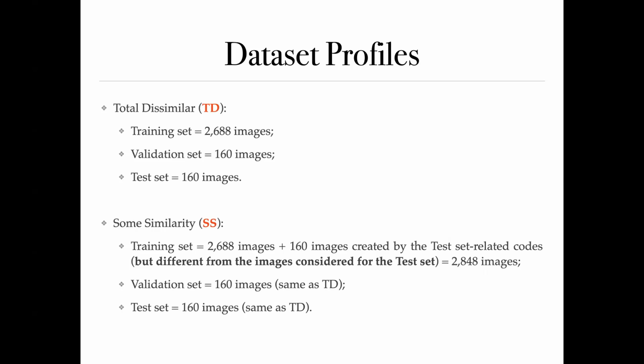For the SS similarity profile, we reuse all the previous images, but we added 160 images created by the test set related codes. But it's very important to mention that these new extra images are completely different from the images considered for the test set. I mean, these new 160 images are completely different from these other 160 images.